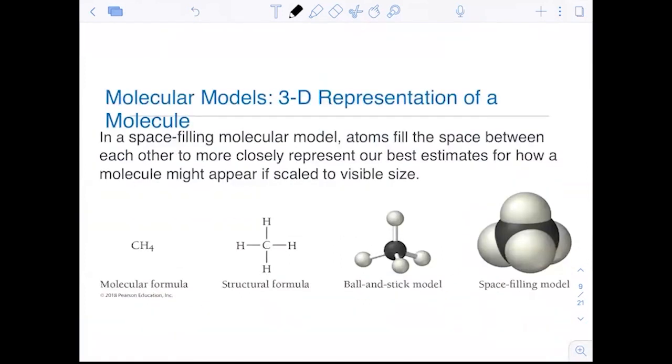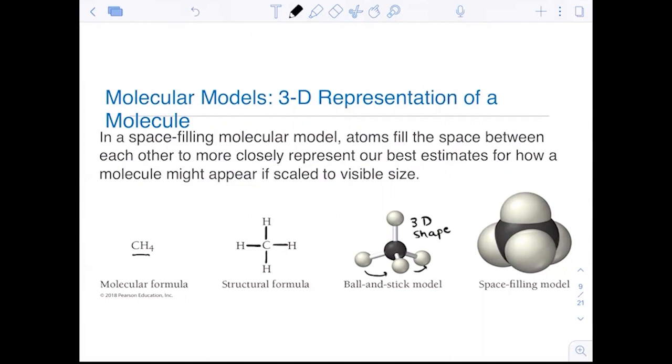For instance, this is a molecular formula, CH4. The structural formula shows all of those bonds. All of the hydrogens are bound with single bonds, one line from the carbon to each hydrogen. The ball and stick model, notice how it starts to look more like a 3D shape.